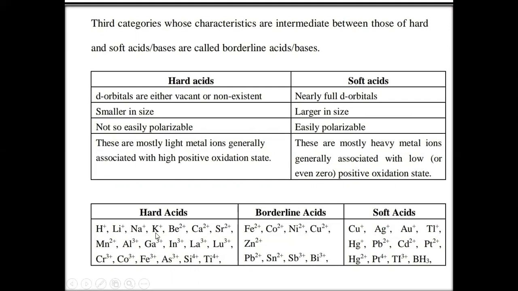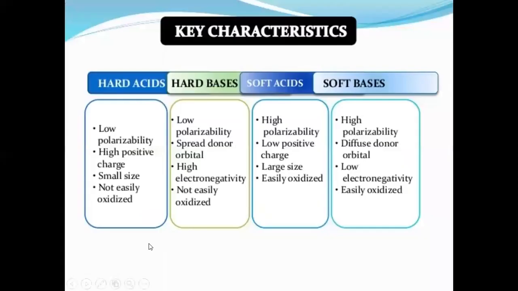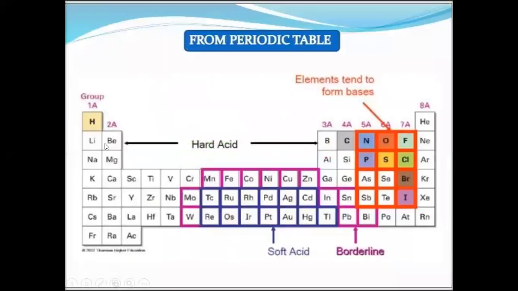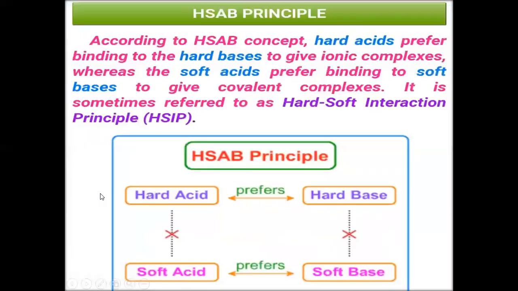So the upper part of the first group elements are the hard acids, till calcium and potassium. And coming to the bottom ones, these are the soft.